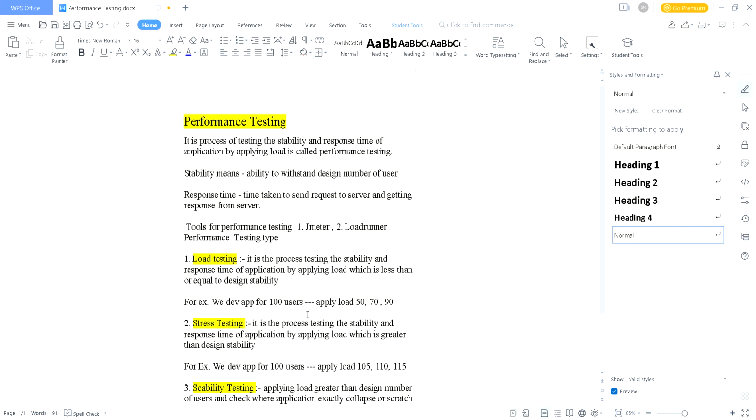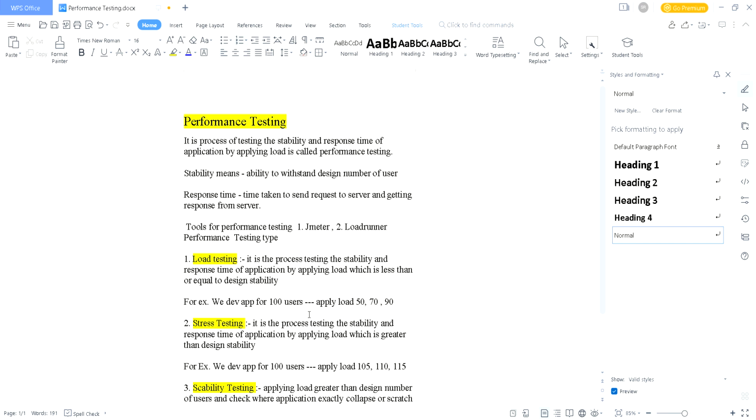If you develop an application for 1000 users, you apply loads like 900 or 999 users and check the response and speed of processing.